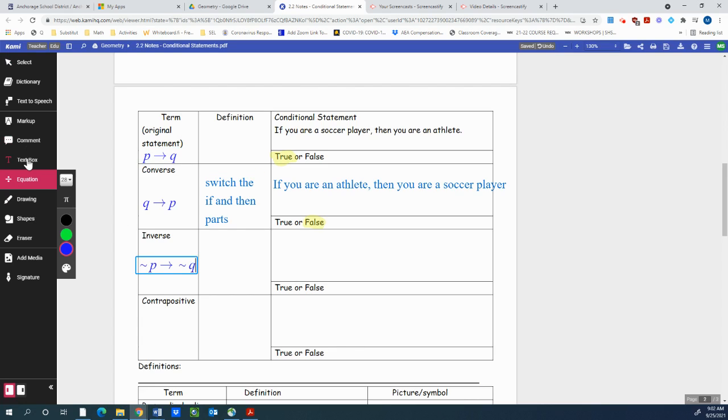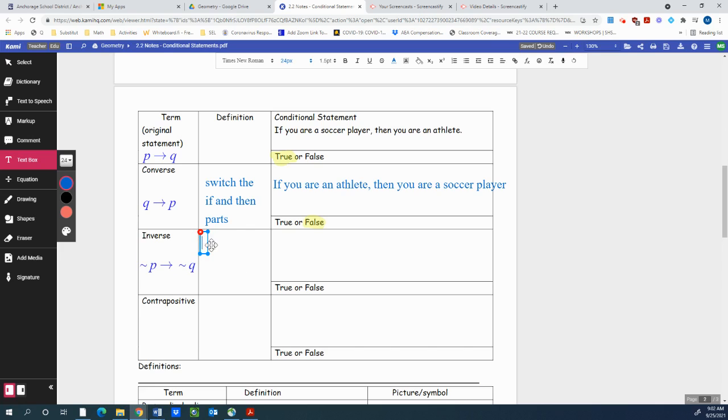I'm going to go back to my text box. Negate the original statement. Our original statement was if you are a soccer player, then you are an athlete. So we're going to negate those verbs and it will say if you are not a soccer player, then you are not an athlete.